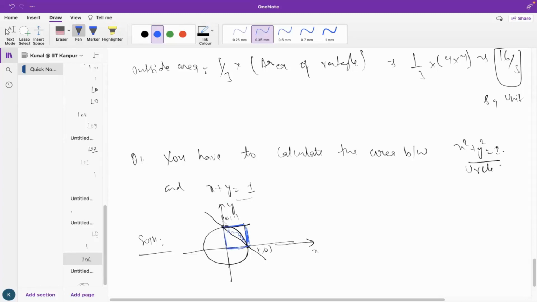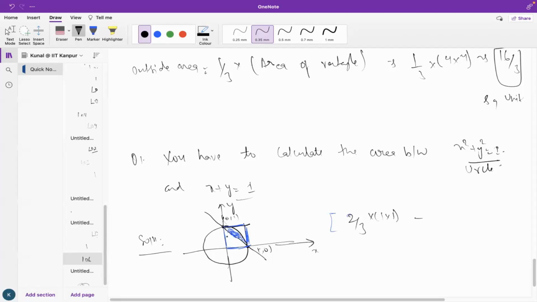Now we all know that कि जो एरिया होता है, ये वाली एरिया between curve, this whole area is nothing but 2 by 3 of the area of the rectangle, and the area of the rectangle is 1 into 1.